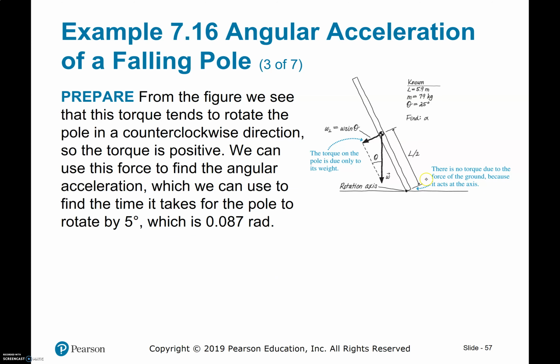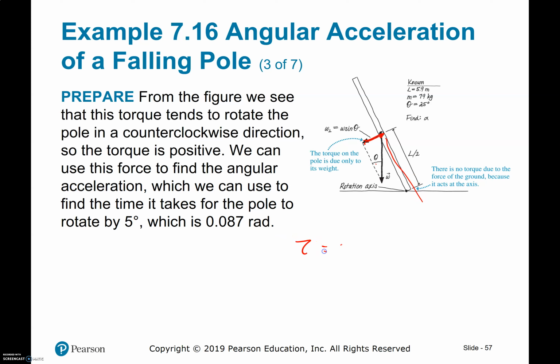So we can draw a picture here. We have this angle here, which is 25 degrees. This is the center of gravity here, and that's where the gravitational force is applied. So the torque would be this component times this distance.